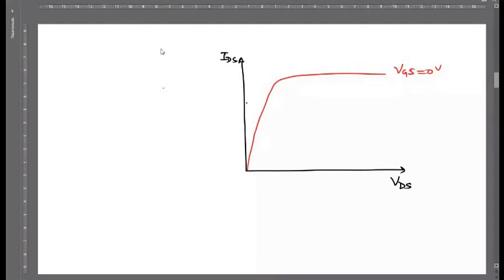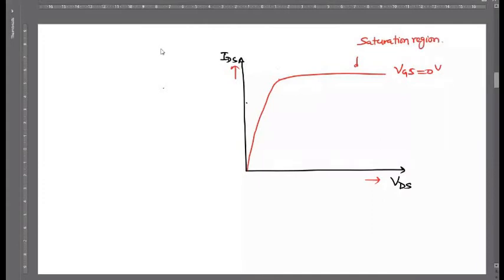When we increase the value of VDS, this drain to source current increases like that, and after a certain time, this becomes saturated. So this is called the saturation region.